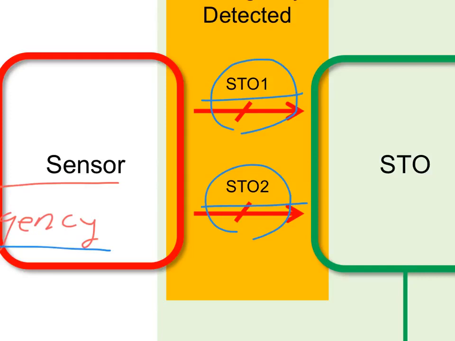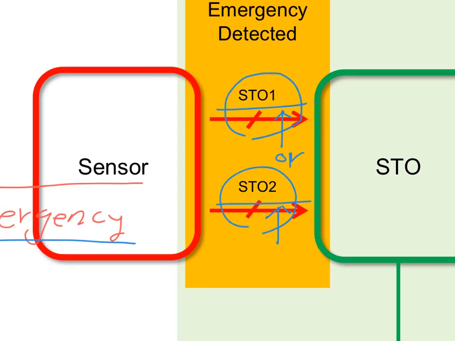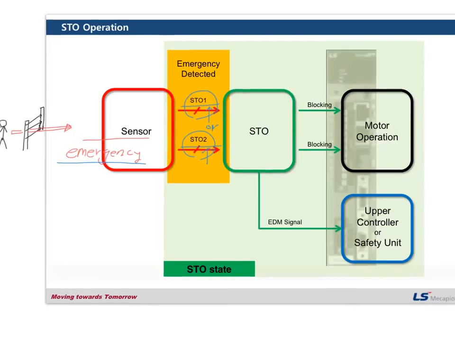One thing that is very important is that if one of the STOs is turned off, STO1 or STO2, if one of them is turned off, the drive state is changed to STO state.